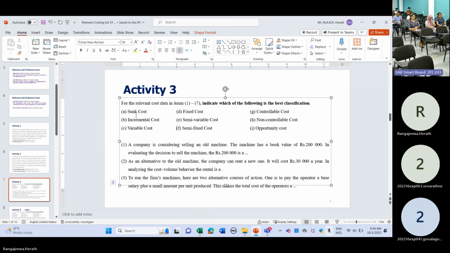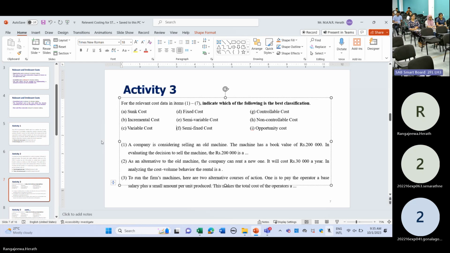So for a range of 10,000 units of production, for 100 employees, the factory rent is 200,000 fixed. But after 10,000, it will suddenly increase to 400,000, and remain there. So it goes like steps. We call it semi-fixed.